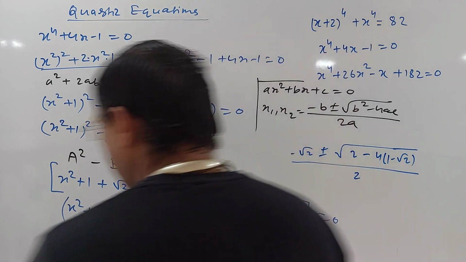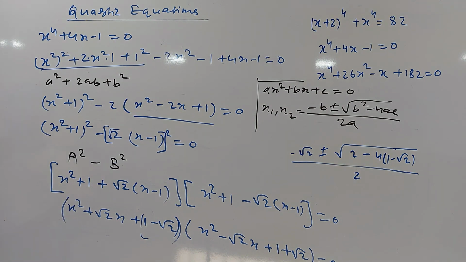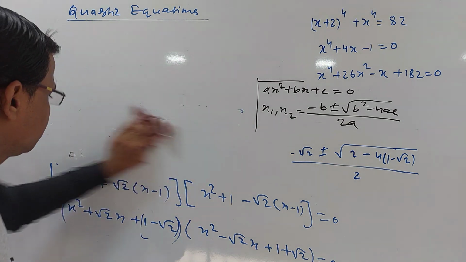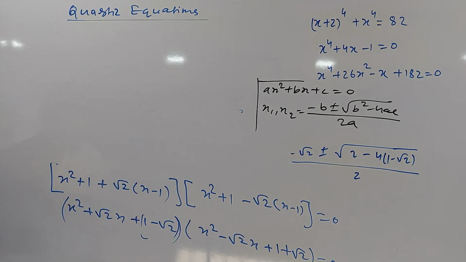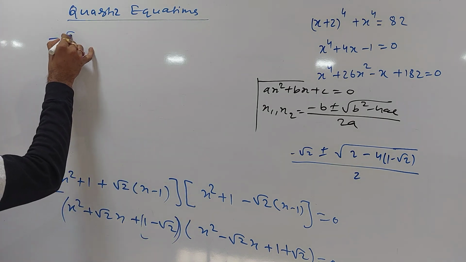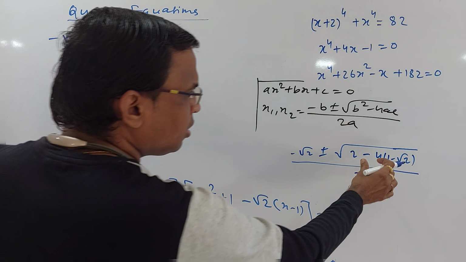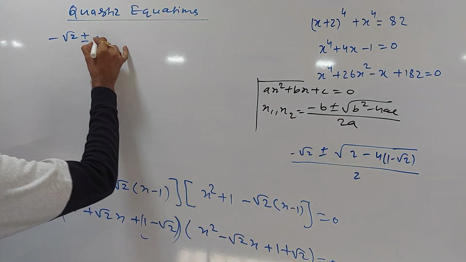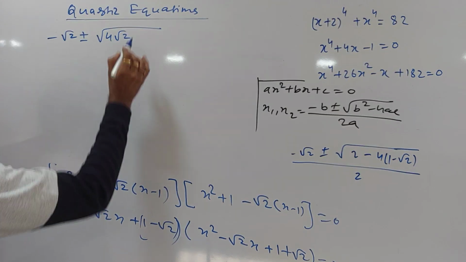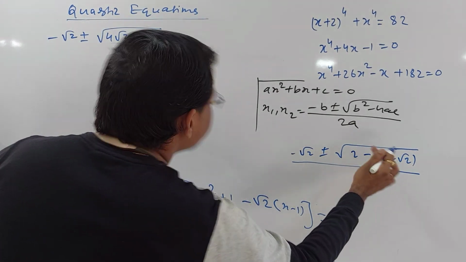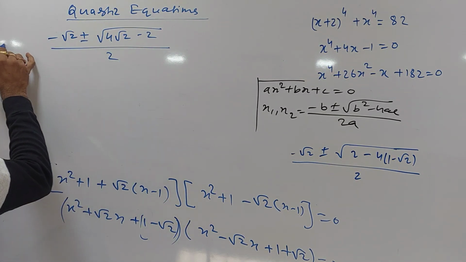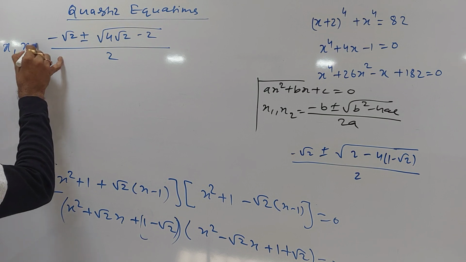Let me just rub this out, the upper portion. So finally what I am getting here is minus root 2 plus or minus, it will give me minus minus plus, so it is 4 root 2 and it is minus 4, so 2 minus 4 is minus 2, and the whole divided by 2. So that is my first set of answers, x1, x2.